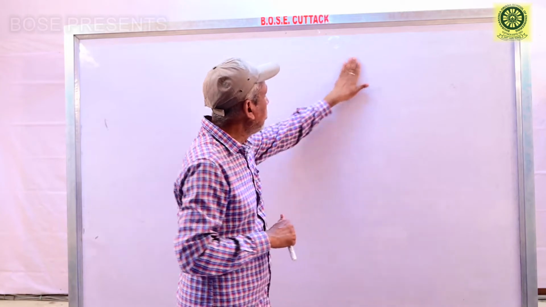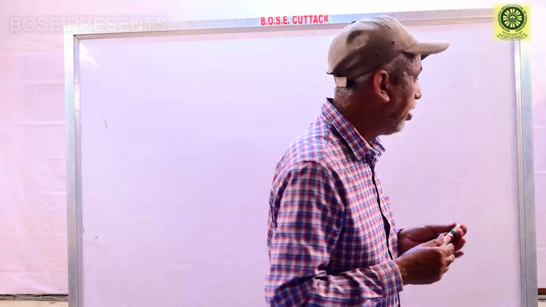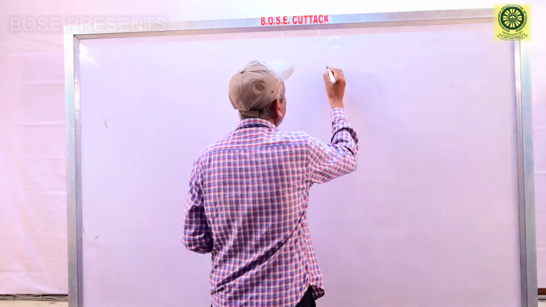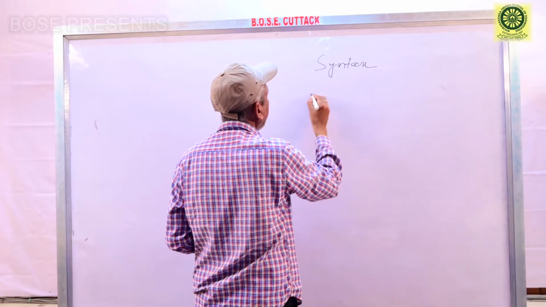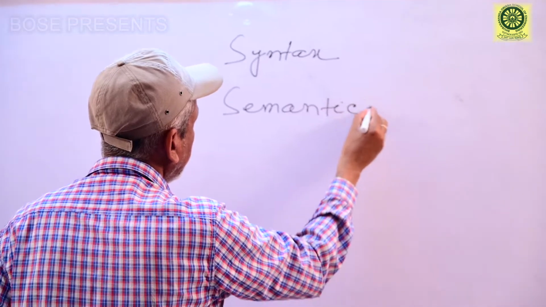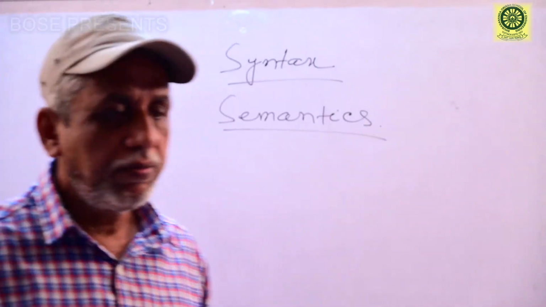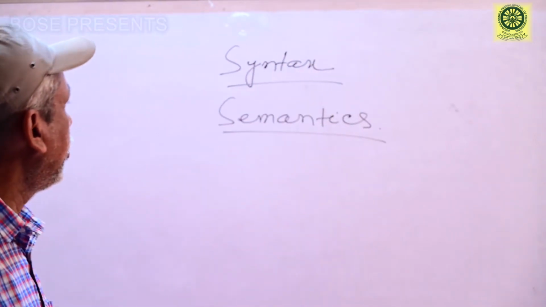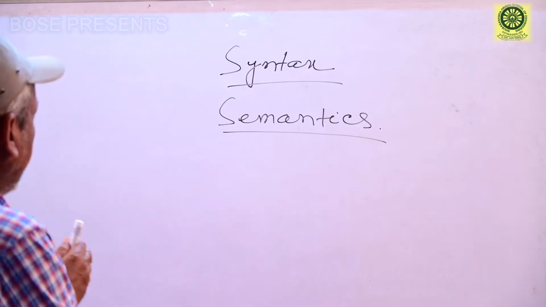Before knowing any type of language, two things are there. One is syntax, another is semantics. What is the meaning of syntax and what is the meaning of semantics? Before going to this, I am giving one example.